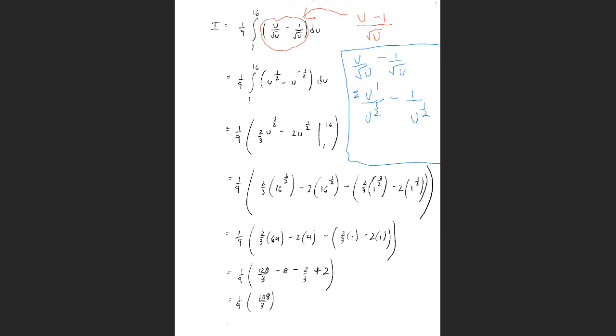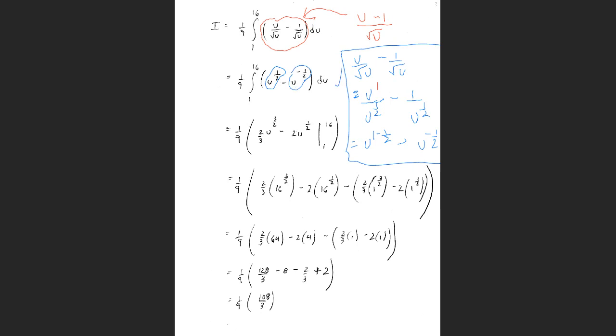And I know that when you divide, you subtract the exponents. So that gives me u to the 1 minus a half power, which is u to the half power. And then 1 over u to the half power is u to the negative half power. And that's what we have right here.